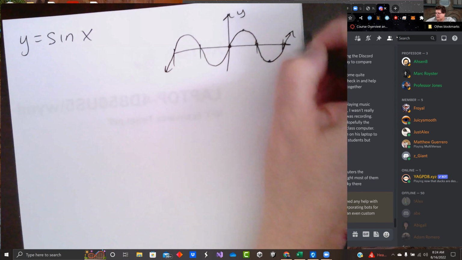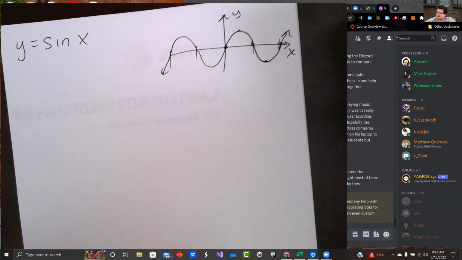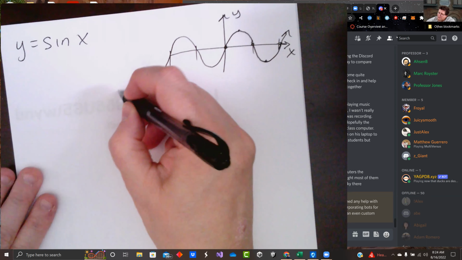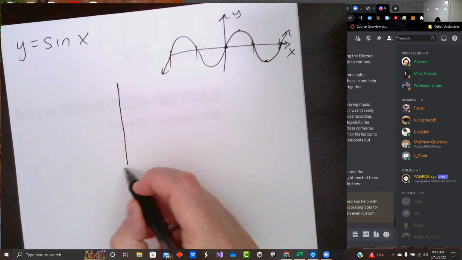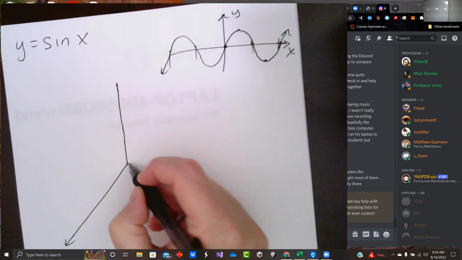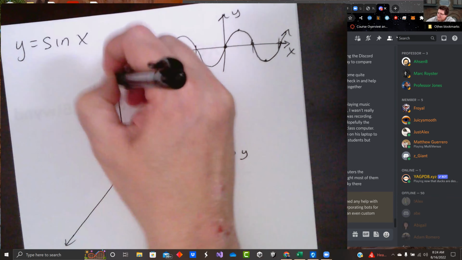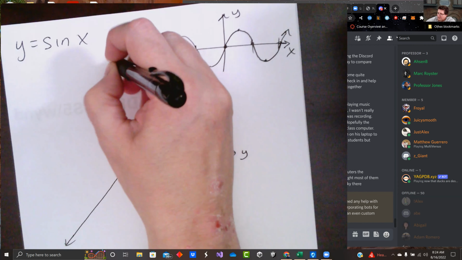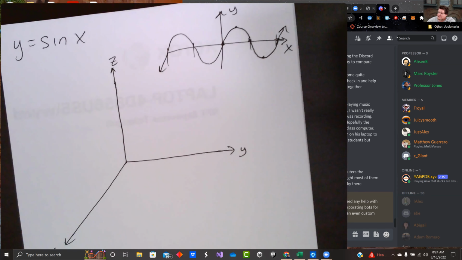This is my y, this is my x. So can we translate that to 3 dimensions? And the reason why I'm doing this all fresh with graphs, when I don't know what they look like, is to show you how crappy you can expect your graphs to look when you're learning how to do this.